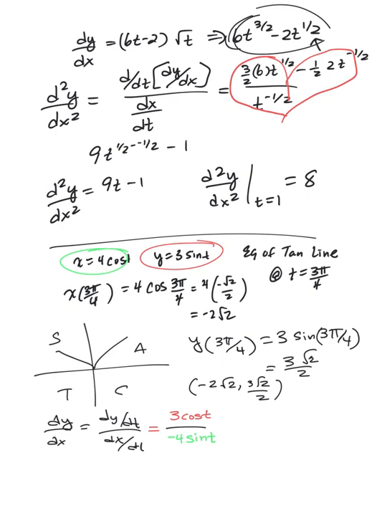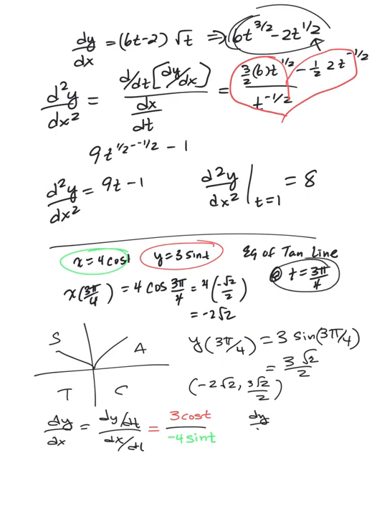Now, keep in mind, okay, so let me just make sure I did this right. So I got dy, 3 times cosine t. All right. And then I got my dx. Okay, fine. So at any rate, now I'm going to substitute in 3 pi over 4.